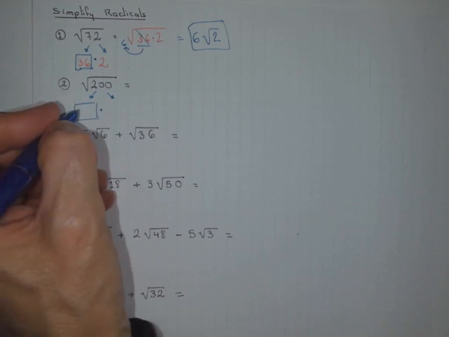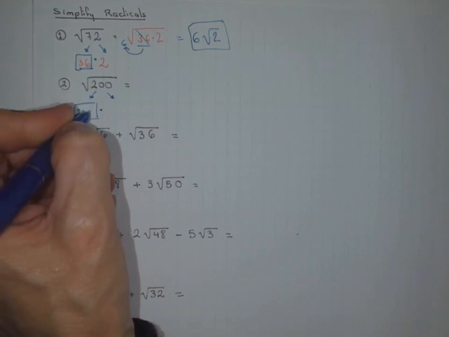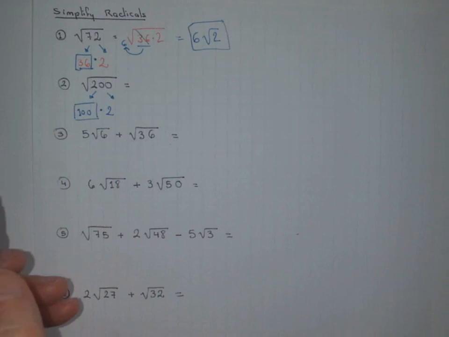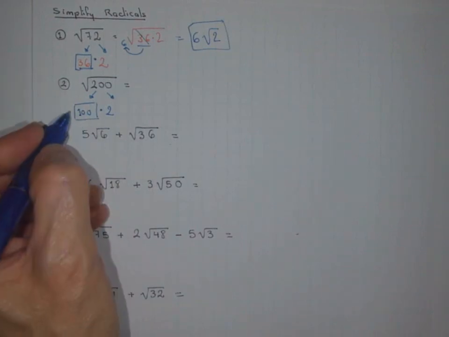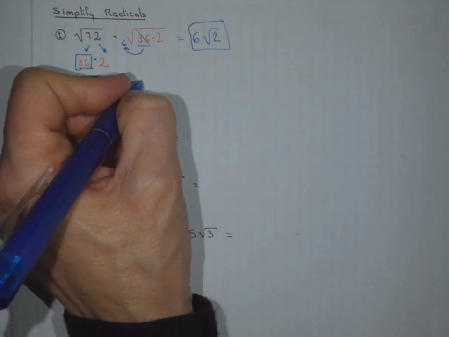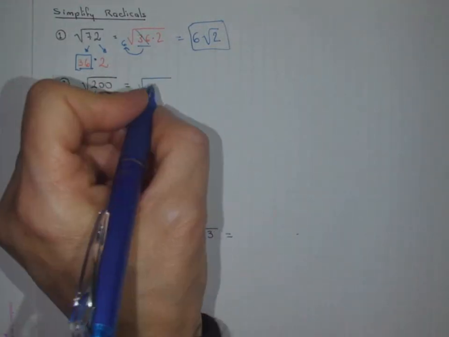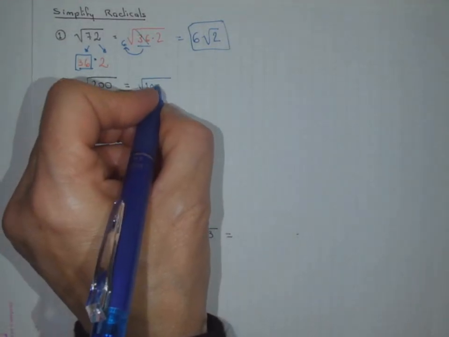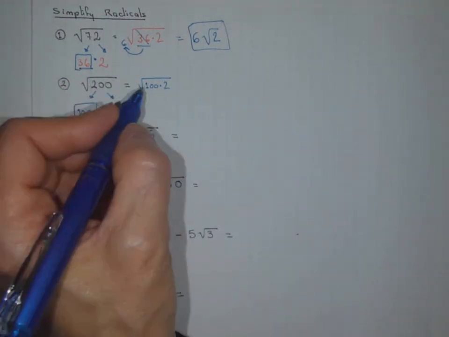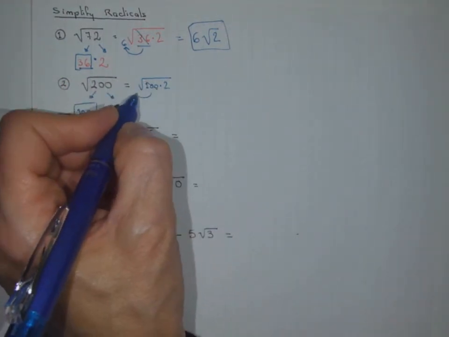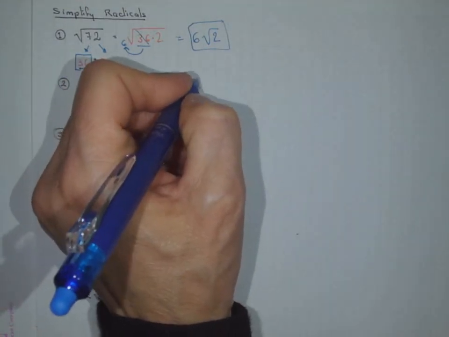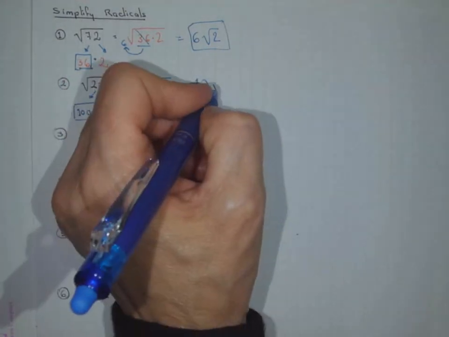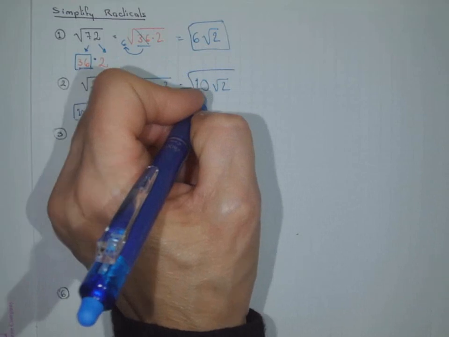Well, 100 times 2 will give me 200, and 100 is 10 times 10. So I'm going to rewrite the square root of 200 as the square root of 100 times 2, and the square root of 100 becomes a 10. So that becomes 10, and then the 2 has to stay, so square root of 2.